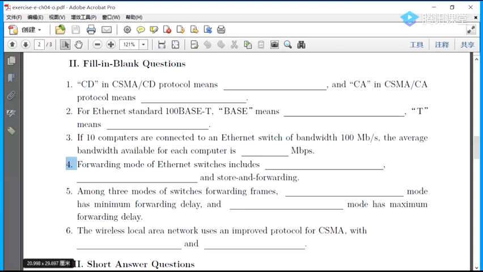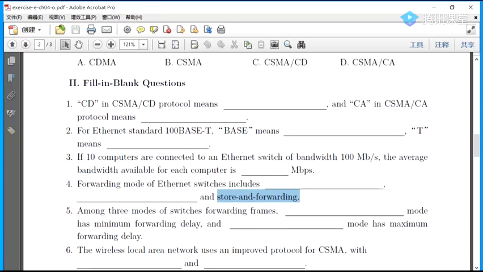Question 4. The forwarding modes of Ethernet switches include store and forward, cut through, and segment free. What is segment free?